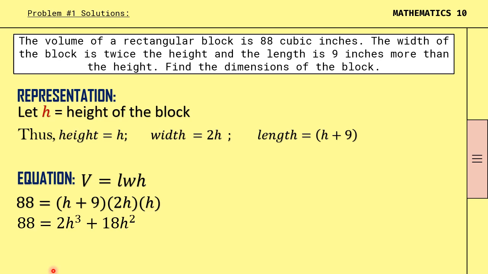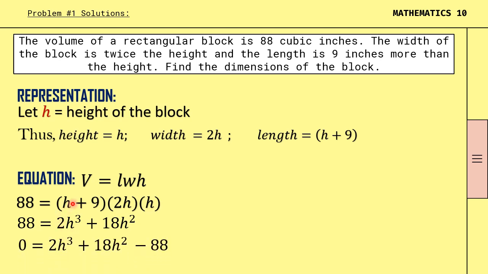Now, of course, we're going to simplify the right side of the equation. So h plus 9 multiplied with 2h multiplied with h, we're going to have 2h cubed plus 18h squared.